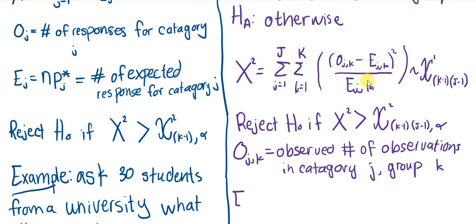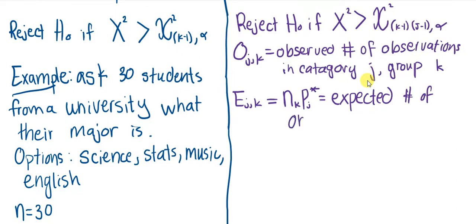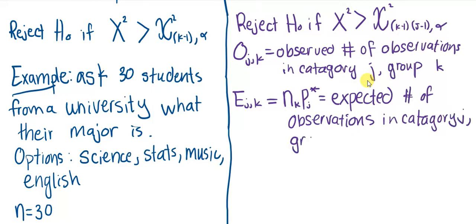And E_jk is going to be equal to the product of n_k, which is the number of observations in group k, times the probability of that particular category, so this would actually be pJ star, which is the expected number of observations in category J, group k.